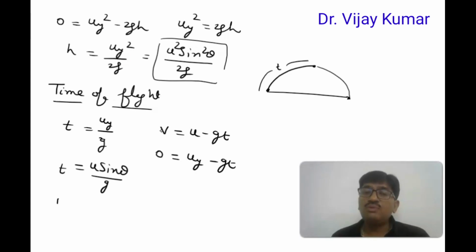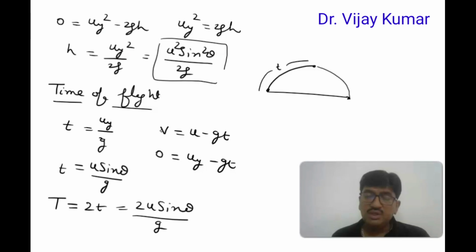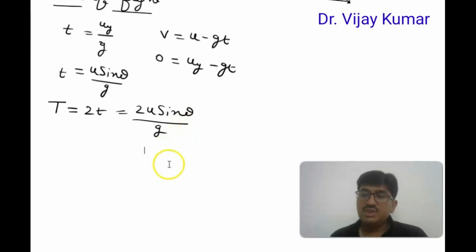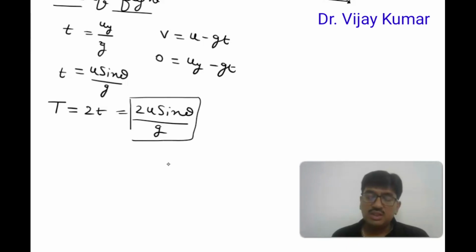Time of flight is the time for which the projectile remains in the air, so it is twice t, or 2u sin theta upon g. This is the time of flight which we use to solve projectile problems.